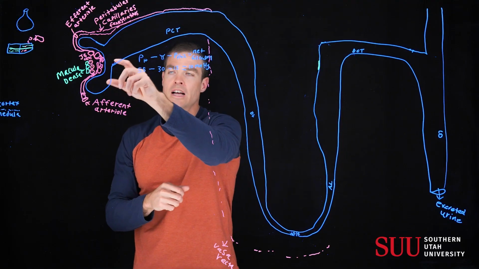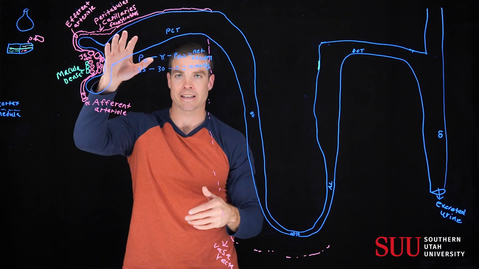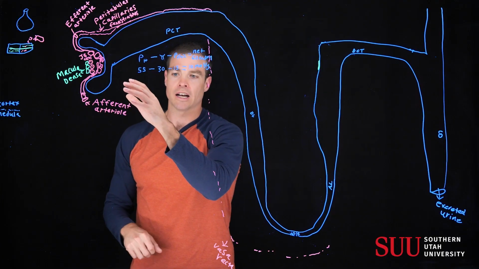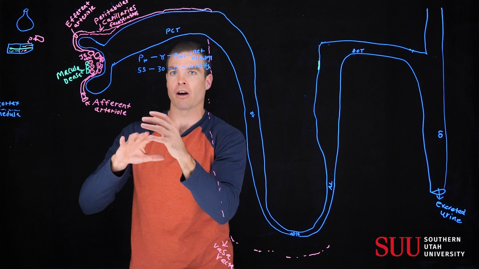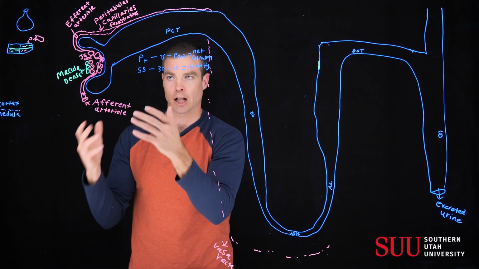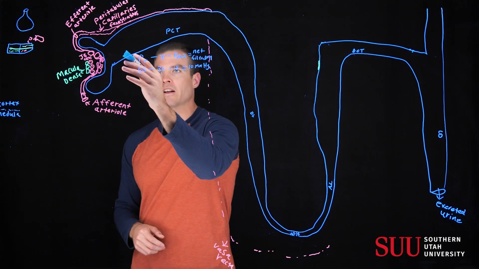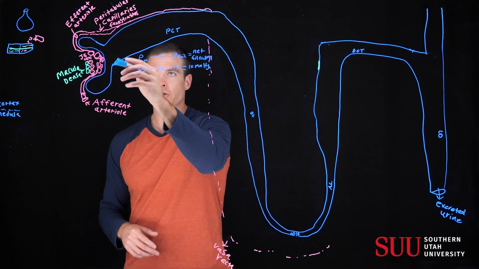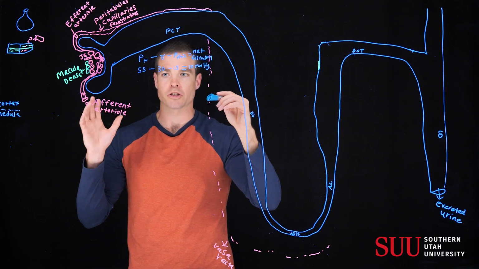And so you have a number of barriers that are going to prevent that from happening, such as the fenestrated capillaries. You also have glycosaminoglycans and heparan sulfates and other things that are going to repel negatively charged proteins like albumin and so on. And so in the end, what is coming out of here, you're filtering all of your small molecules.